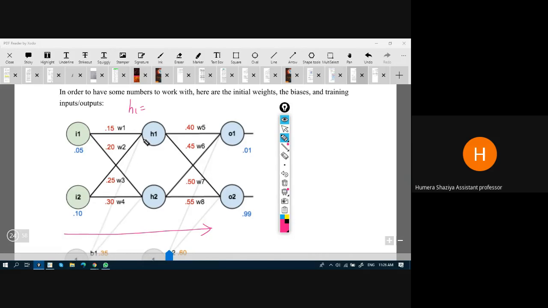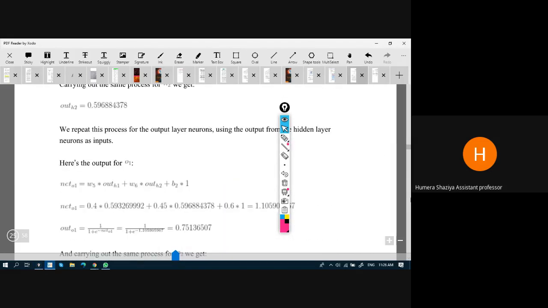In H1 you have two operations: you performed the summation and you applied a logistic function to squash the output of the summation. Then we do the same process for H2 also, and we obtain this value.